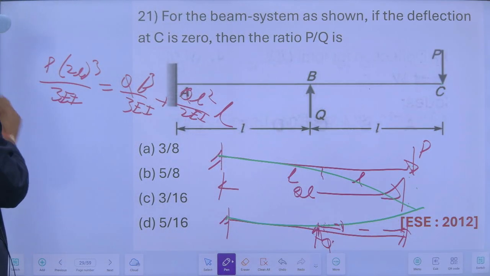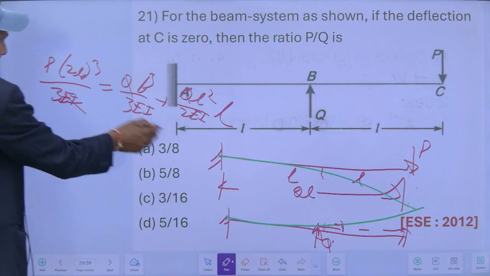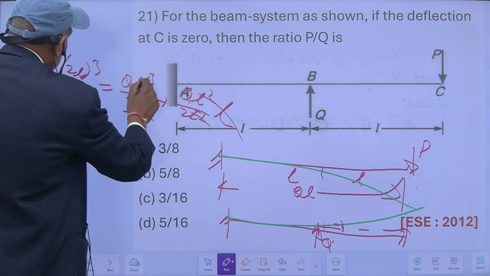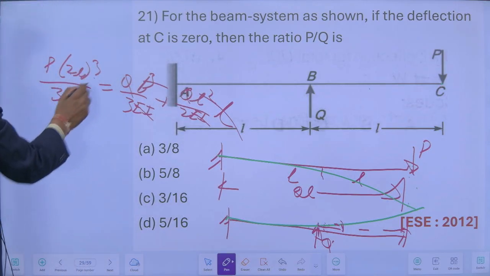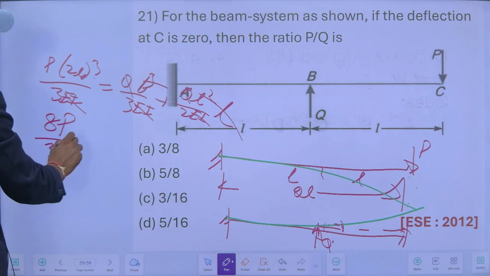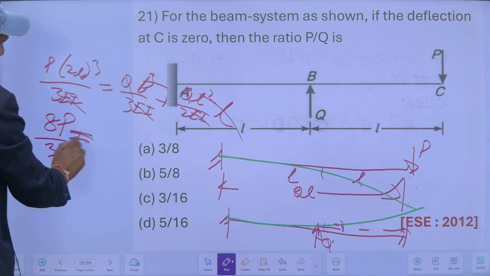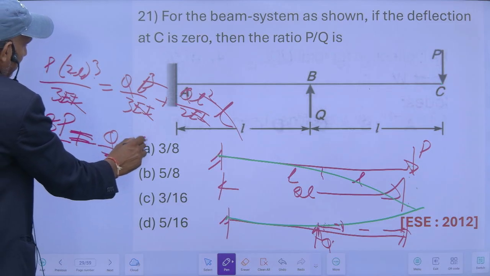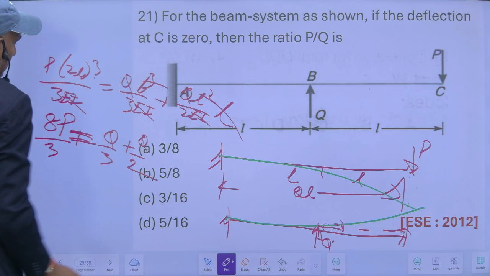So EI and EI will go, L cube will also go. So it will be 8P upon 3. This is equal to Q upon 3 plus Q upon 2.